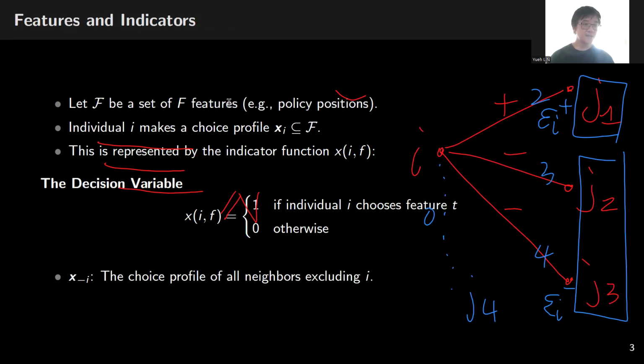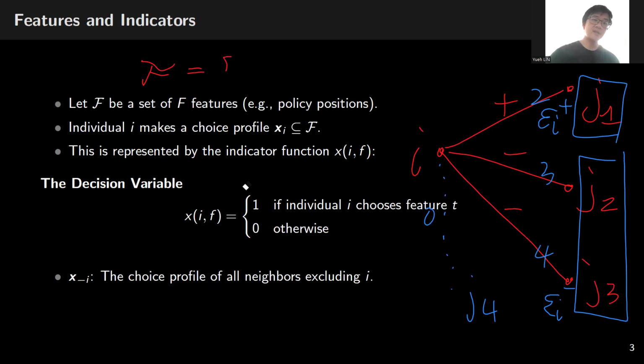Next, let's talk about the features. Features can be, as we talked about in the first module, binary features, whether it's political choices or substance consumption.